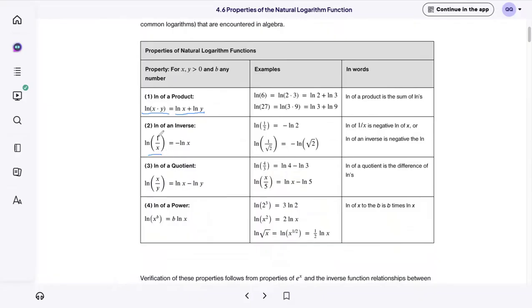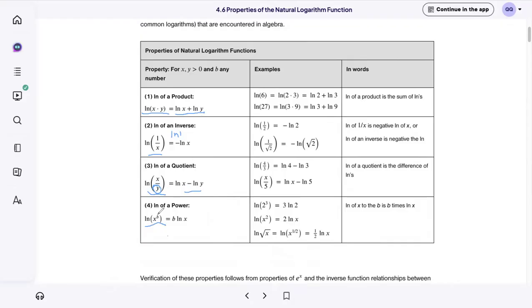In this case, it is 1 over x because this is ln 1 minus this. Well, ln 1 is 0. So in general, if we have ln of x divided by y, a quotient, we can split into ln of the numerator, subtract ln of the denominator. Or we can remember, inside ln, the denominator comes off as negative.